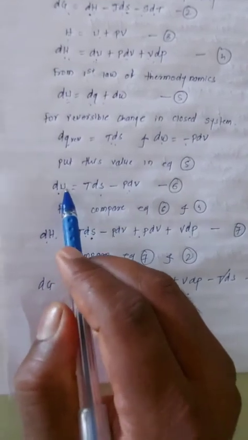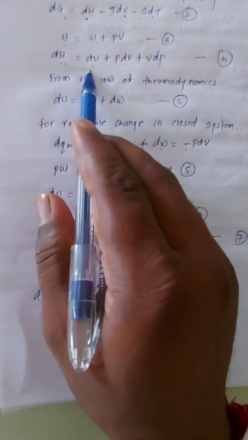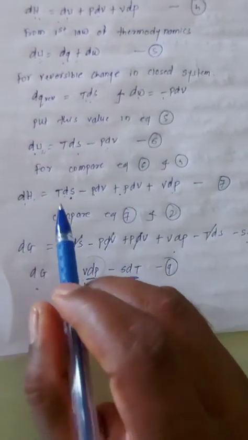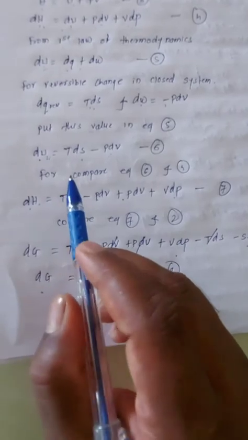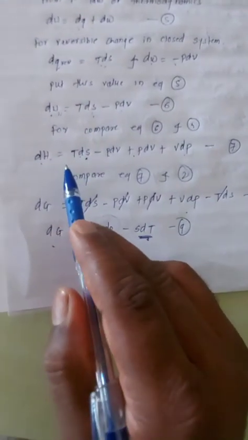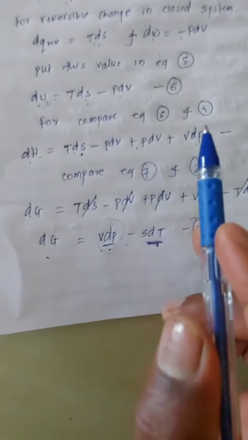Then put this dU value in equation number 4, dH is equal to dU plus P dV plus V dP, so dH is equal to T dS minus P dV plus P dV plus V dP.